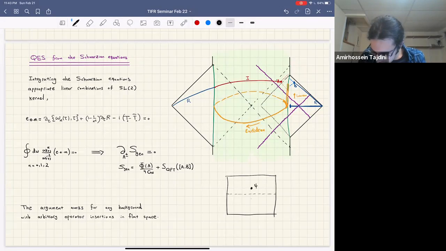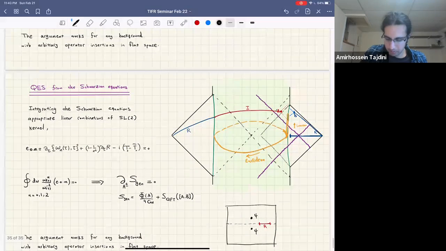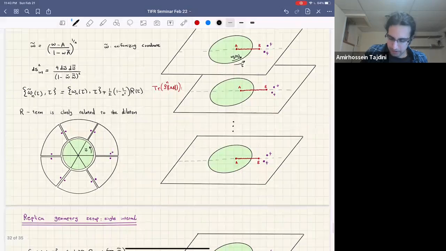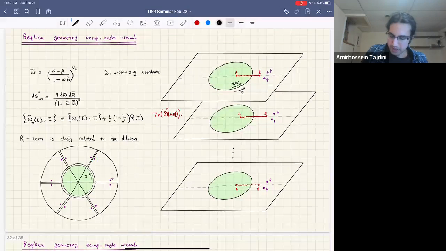You insert these local operators, say on the vacuum path integral, and then you can look at the entanglement entropy of some region, and you can also do the same thing on a cylinder. You have a very similar picture to the one I drew here. The only difference is that the gravitational region is also part of the flat space region.